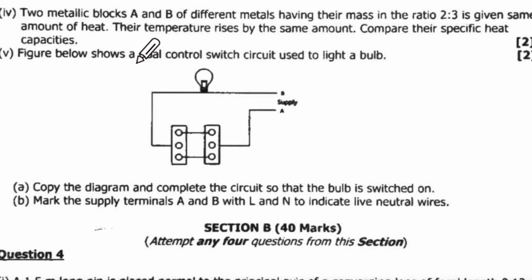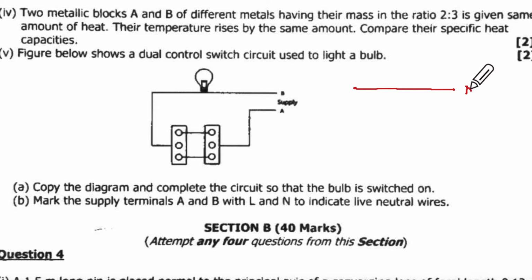Fifth one, again for 2 marks: a dual control switch is used to light the bulb. Copy the diagram and complete the circuit so that the bulb is switched on. Now, as of now, you will quickly show this.